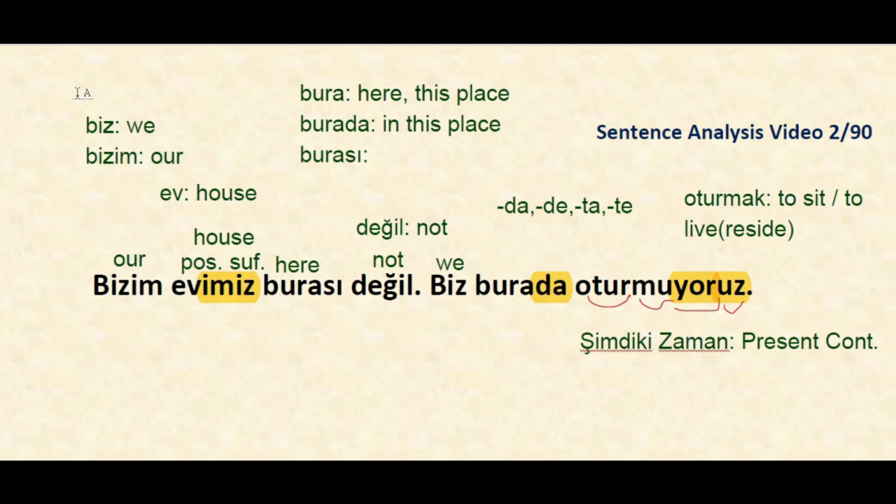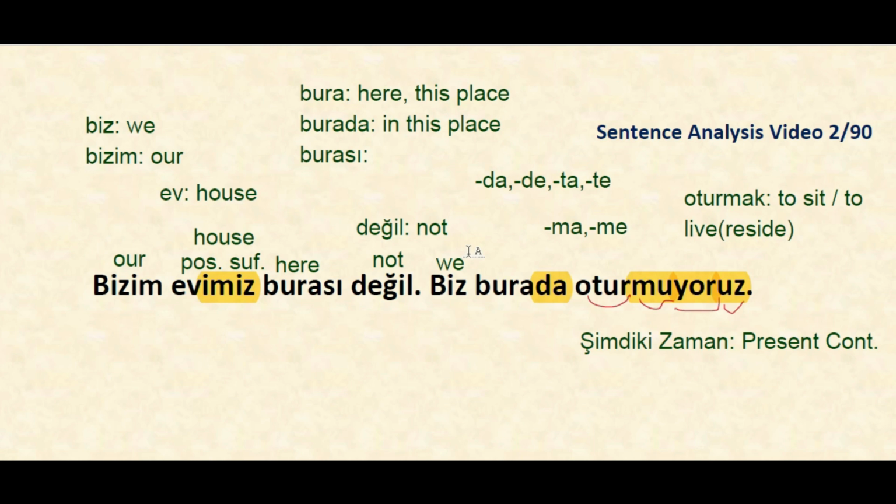We'll see the other part also, and after the verb stem we are seeing mu. You know in Turkish normally the negation suffix for verbs is ma or me. They can be ma or me.